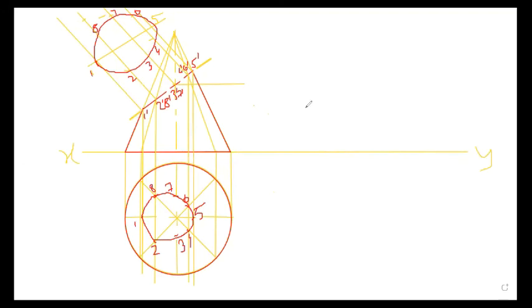Now in the same way, draw the side view first. So first we draw from this point, and from the side. Okay, so from this up to the XY line we draw.